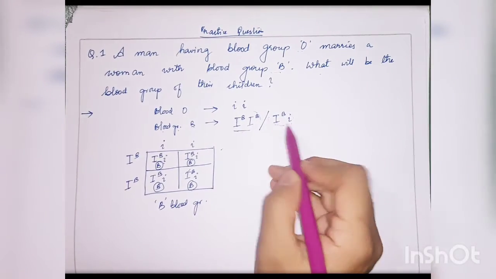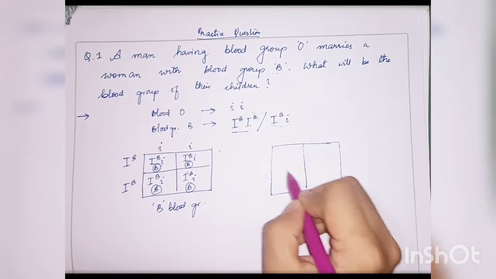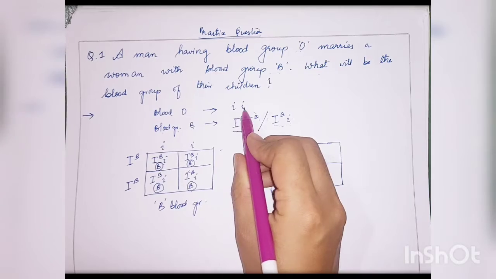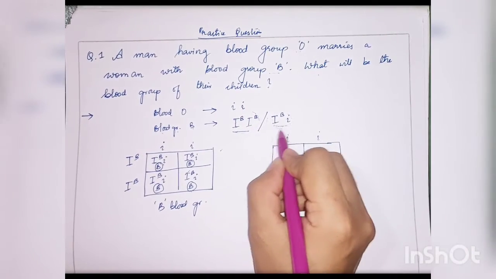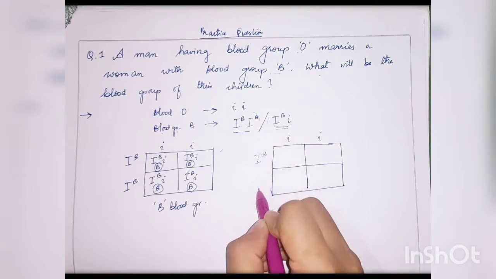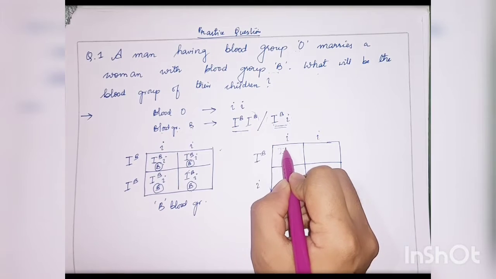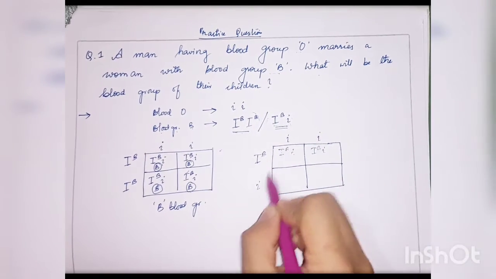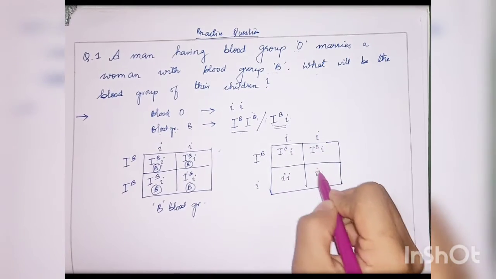Now we are going to make the square for heterozygous. This was for homozygous, and now we do it for heterozygous. We take i and i for blood group O, and IB and i for the mother. When you cross it, you get IB i, and for this you get ii and ii.